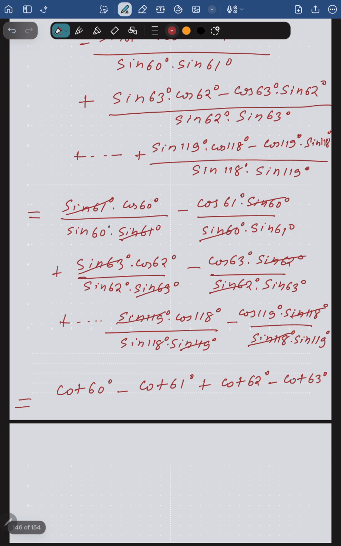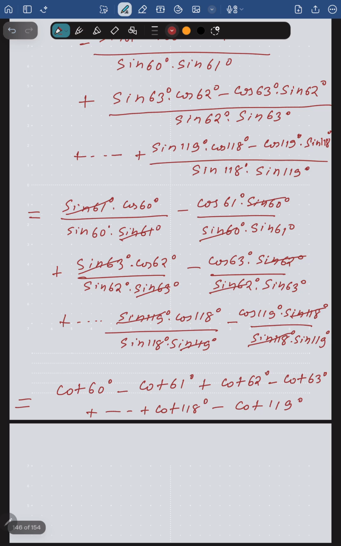Cos 60 upon sin 60 degree is cot 60 degree, cos 60 upon sin 61 degree with minus sign, so minus cos 61 degree upon sin 61 degree. Cos 62 degree upon sin 62 degree gives you cot 62 degree minus cot 63 degree, and similarly the last two terms will be plus cot 118 degree minus cot 119 degree.